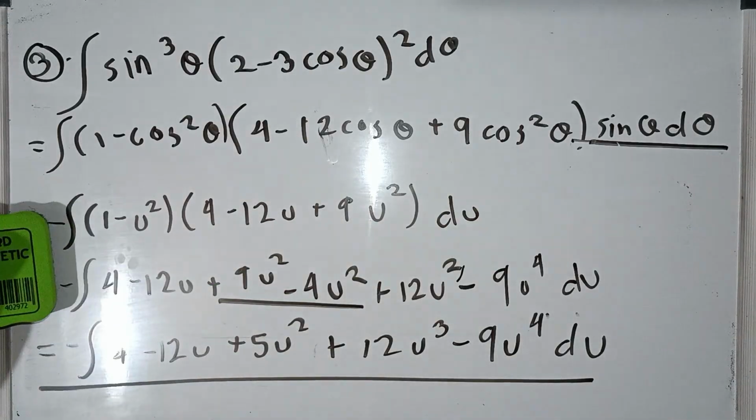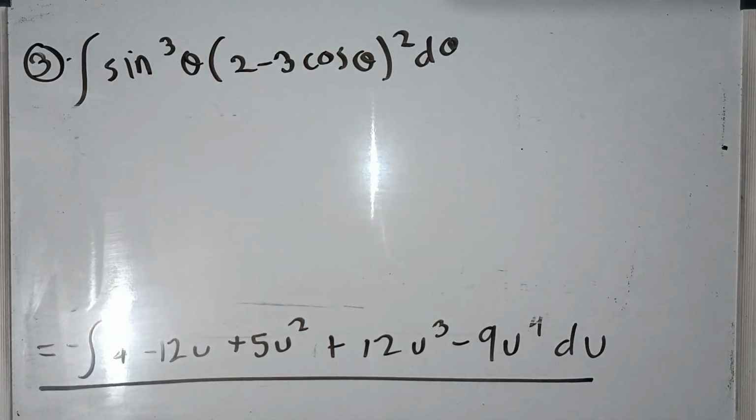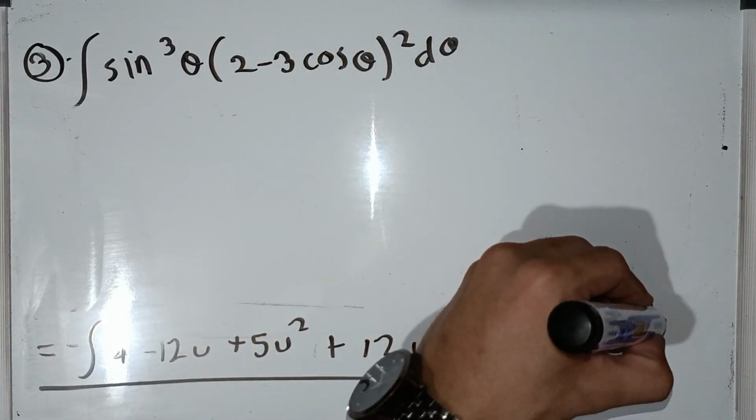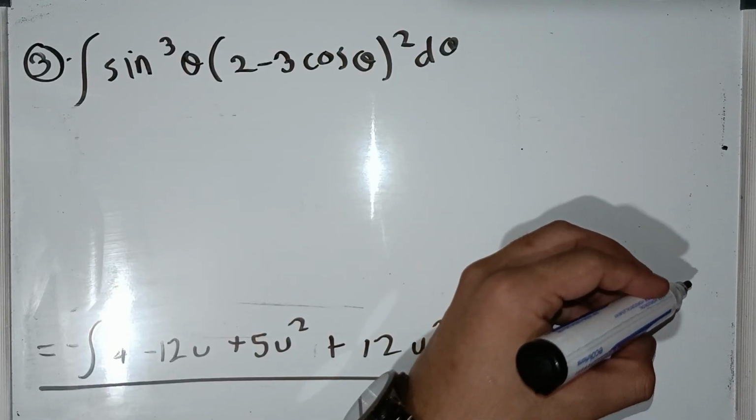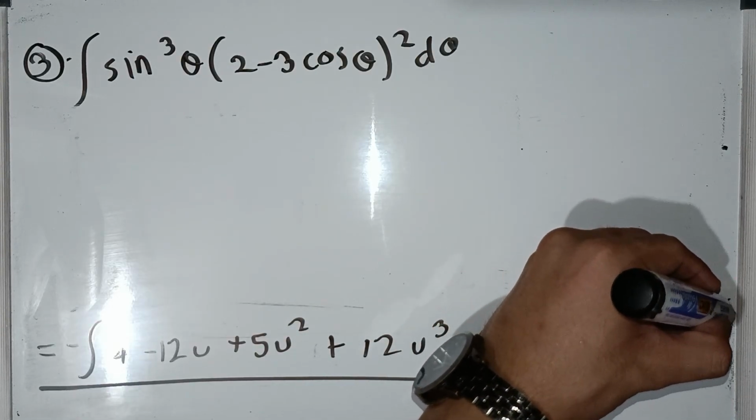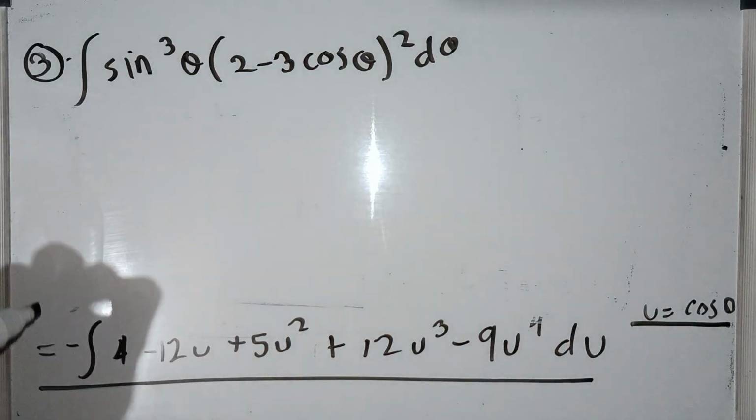Let's erase this first, and let's put the value of u, which is equal to cosine theta. Now let's integrate.